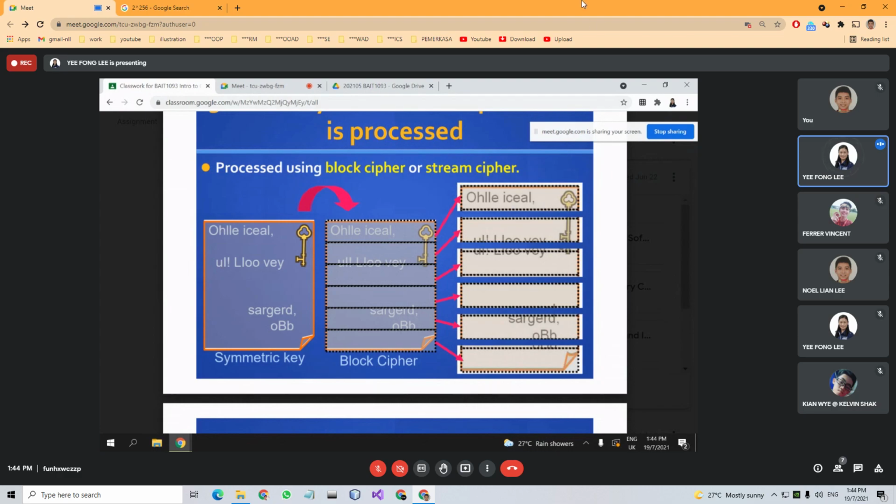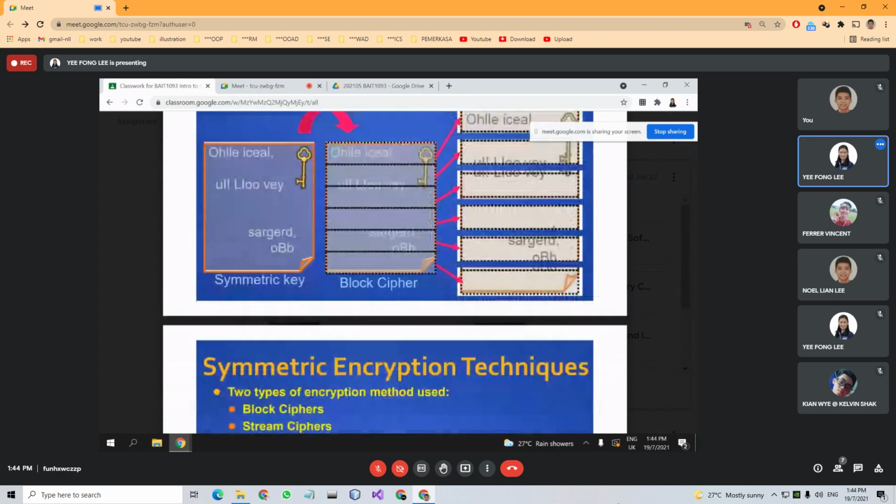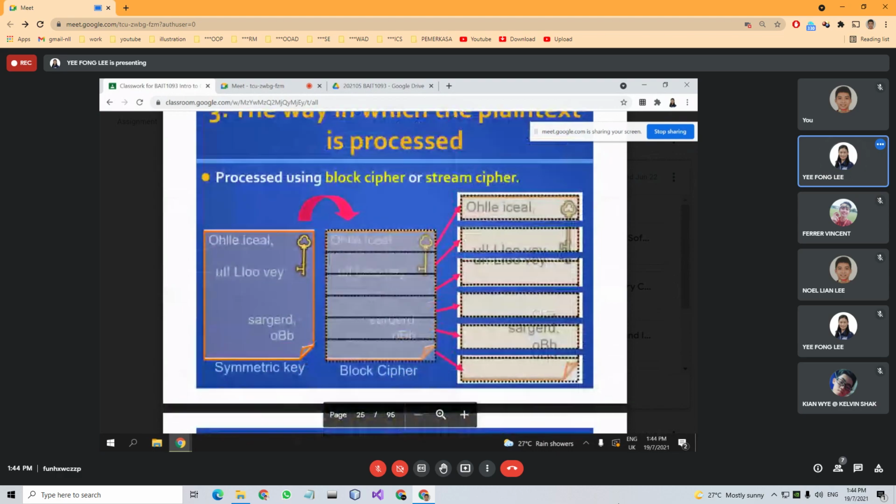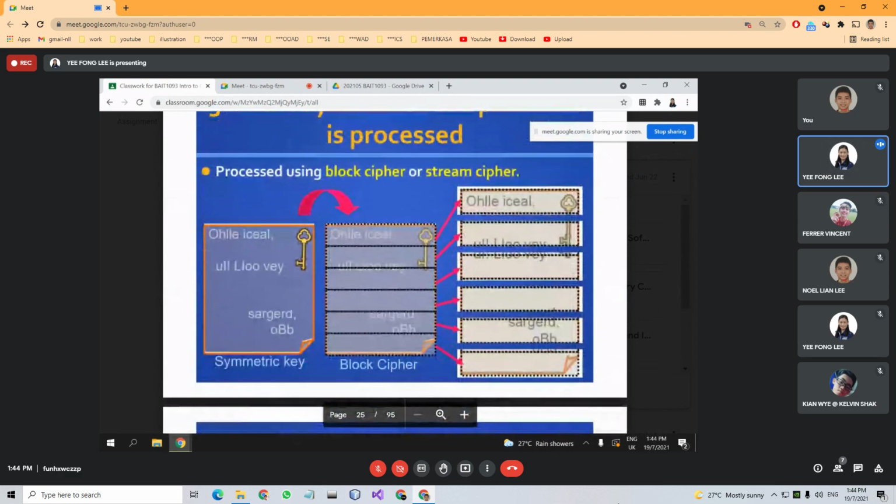Okay, and then for the stream cipher, right-hand side. No, this one doesn't have a stream cipher. So this one is only explaining a block cipher. So a complete message is split into equal blocks, and then when sending out the message, it goes block by block.